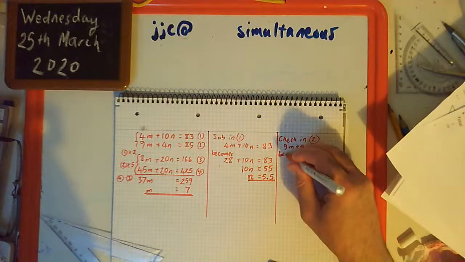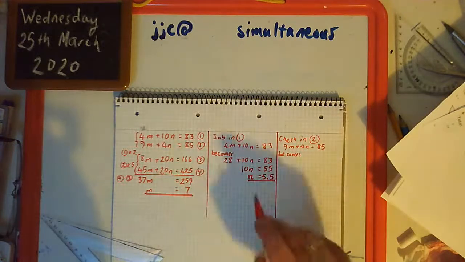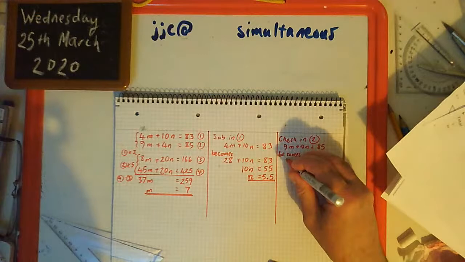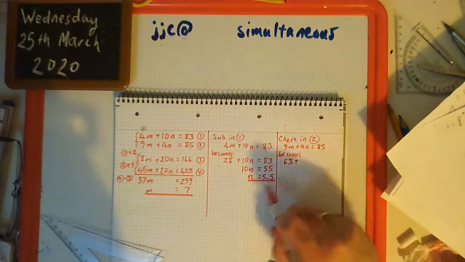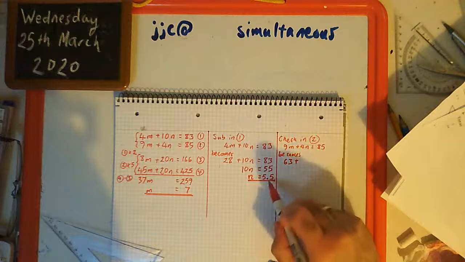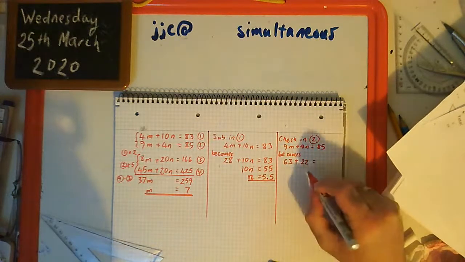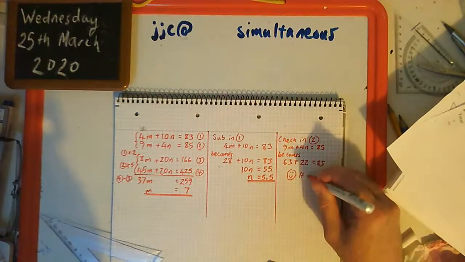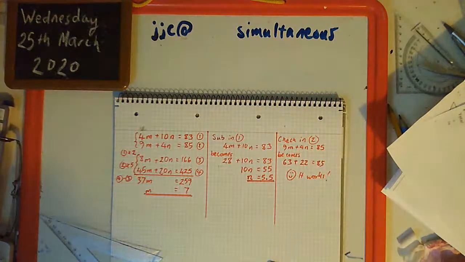And then that becomes, with the values that we've worked out, 9 times 7 is 63. And then 4n, 4 times 5.5 is 22. And 63 plus 22 is 85. So it works, and we know we've got it right.